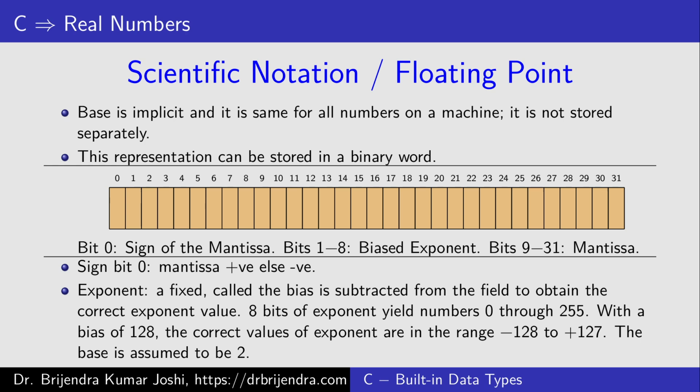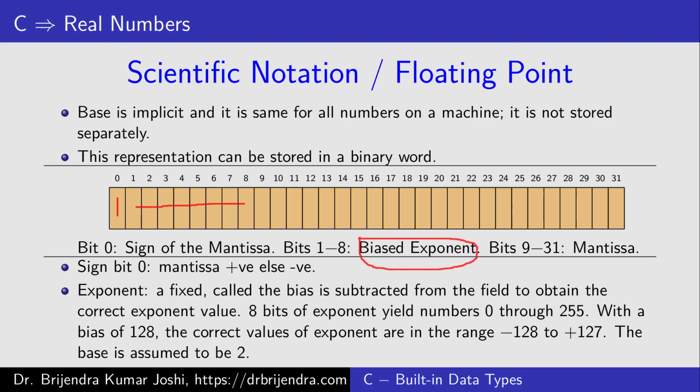So now you can see here, bit 0 is used to represent sign. If this is 1, the mantissa is considered to be negative, and if it is 0, the number is considered to be positive. Then bits 1 through 8, these 8 bits, are referred to as the biased exponent.